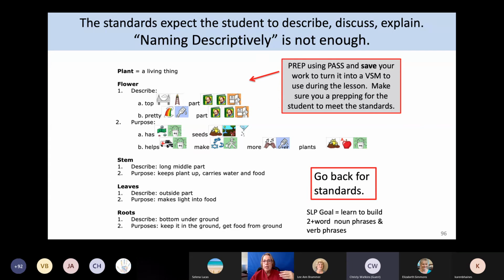So again, I can either use the program that I use called PASS and quickly make some additional visual support materials, or I can find my word to describe the part and explain its purpose by finding things that are on my wall chart. So we're going much further beyond just naming the parts of the plant.